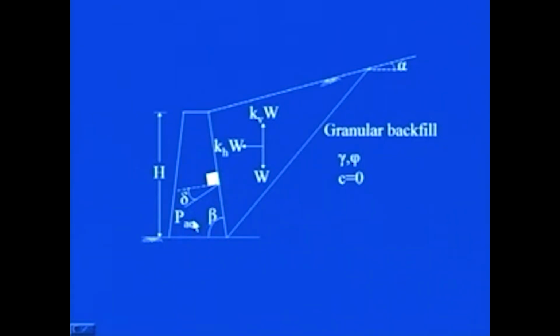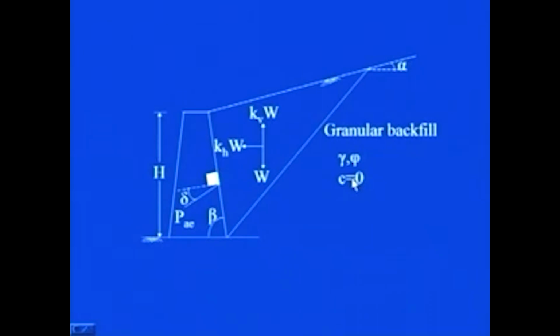PAE corresponds to active force due to earthquake condition. A stands for active, E for earthquake. Again, this is acting at an angle of delta, which this line of action makes from the normal to the back face of the wall. Granular backfill is used.